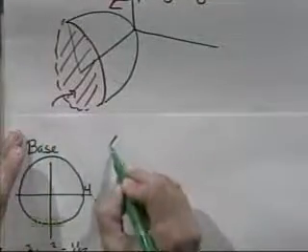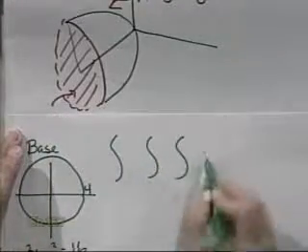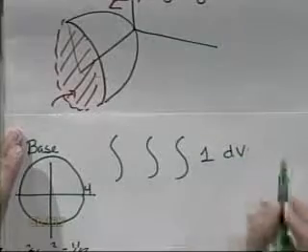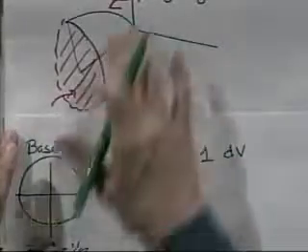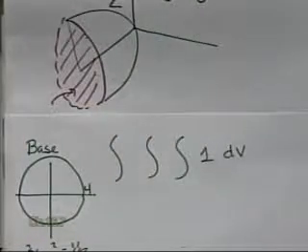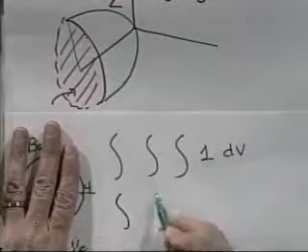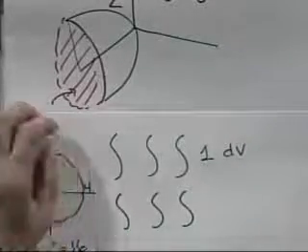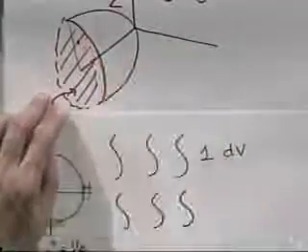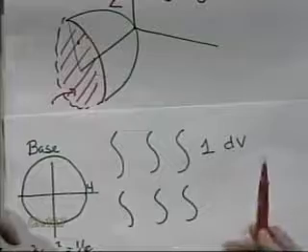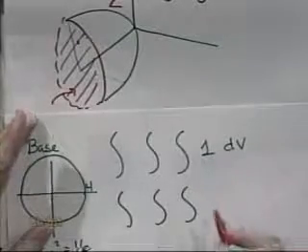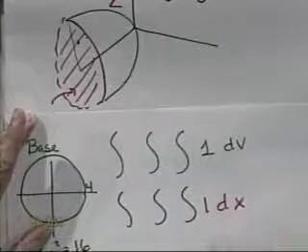Setting up our volume here. We make the integrand 1 because we want this integration to give us the volume of this solid, because then we're summing up our delta V's and we're just getting the volume of that lovely paraboloid that's been truncated by the plane x equals 16. So if I take a point in the base, notice the base is in terms of y's and z's, so we're going to be integrating with respect to x first.